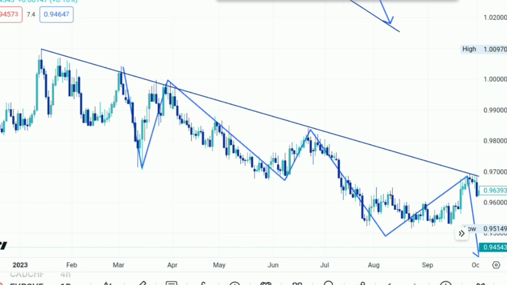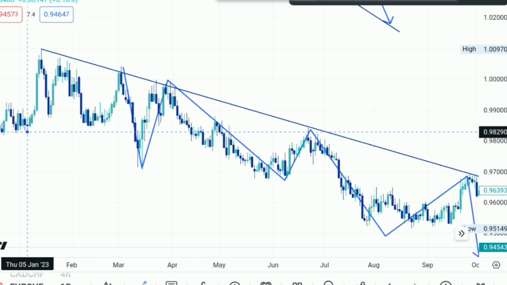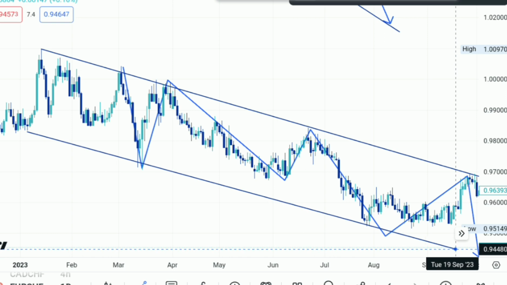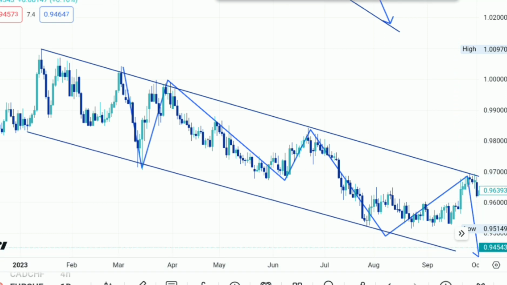And here we connect swing lows. This is how we connect swing lows. It's quite simple. You see, the market: a run, pullback, a run, pullback, a run, pullback, a run.